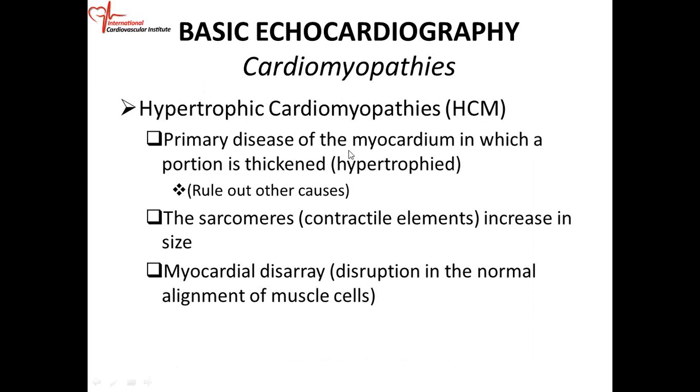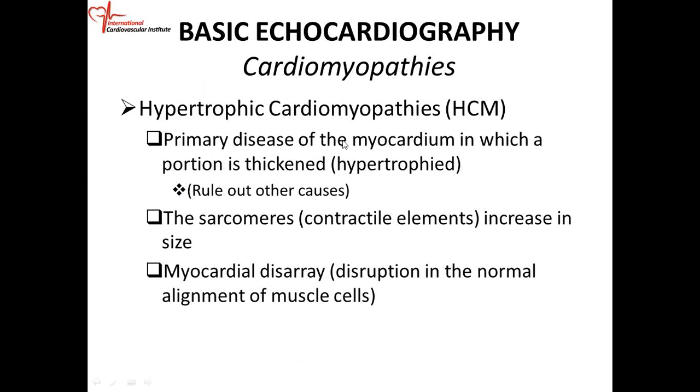It's a primary disease of the heart muscle. So it's something that just develops in the heart muscle, usually from a genetic standpoint. When we say primary, it means that it developed right in the heart muscle. It is not as a result of, say, aortic stenosis or hypertension.